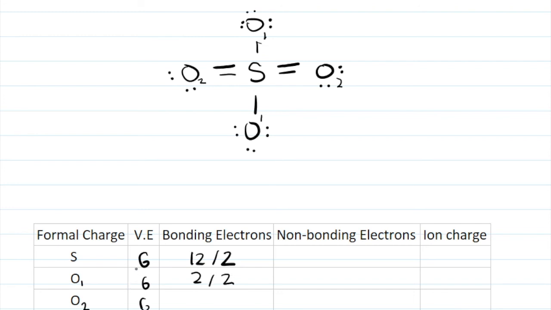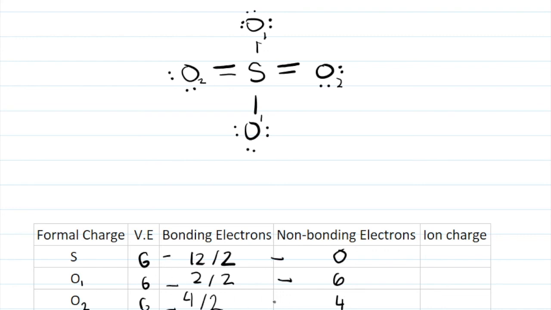For oxygen 2, there's 2, 4, so 4 divided by 2. And non-bonding electrons, for sulfur, there's none, so it's again 0. For oxygen 1, there's 2, 4, 6. For oxygen 2, there's 2 and a 4. Now you just have to subtract all these.